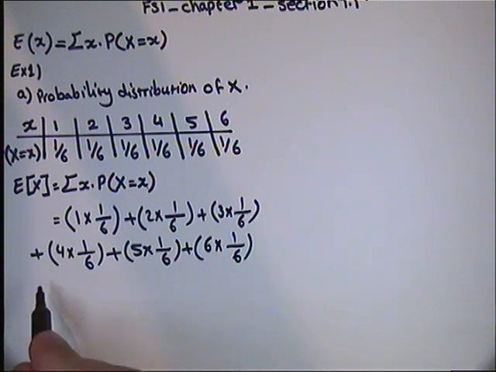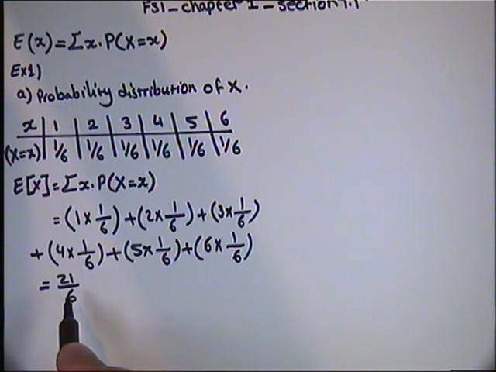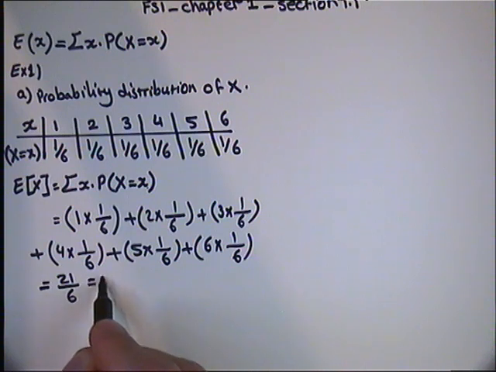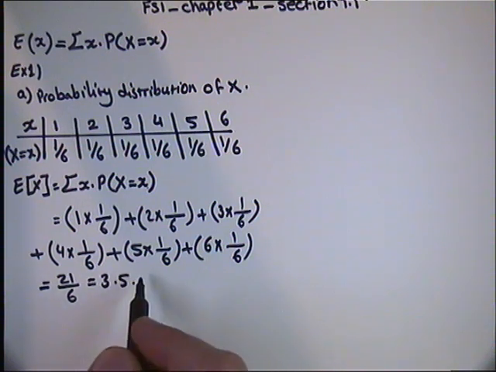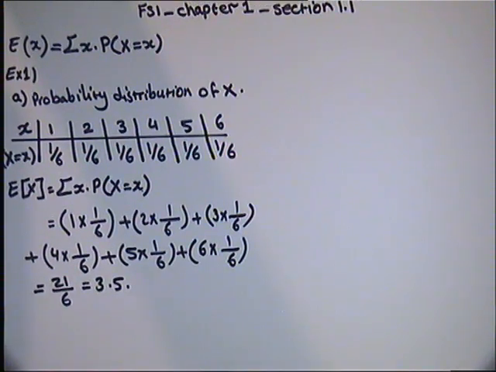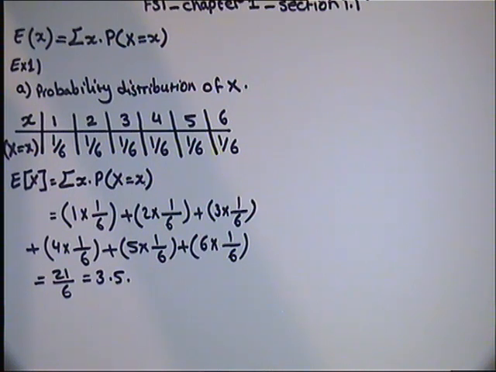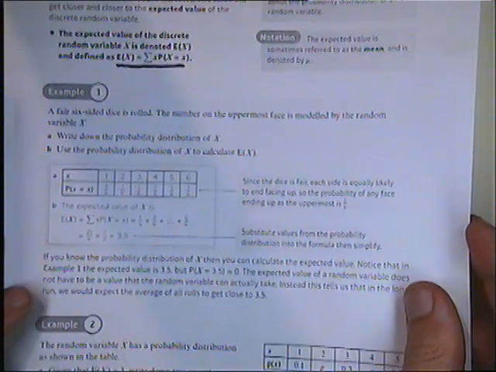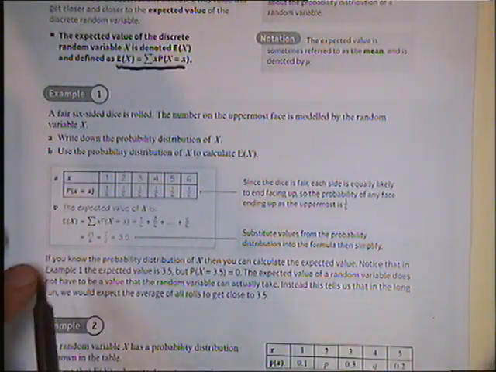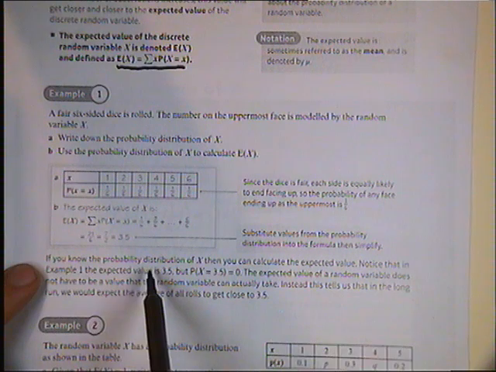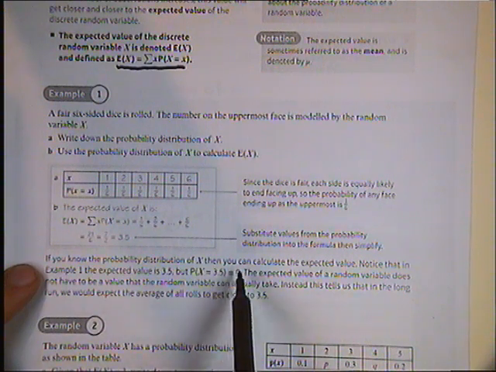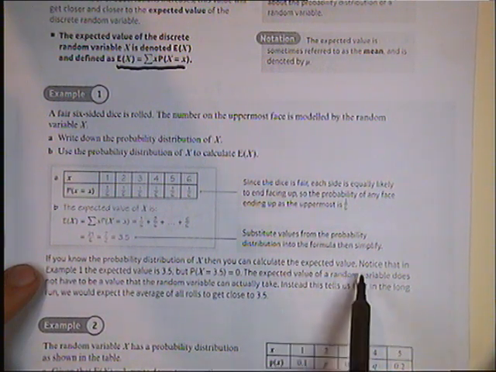Okay, so if we add them up, we get 21 over 6, which is 3.5. So let's go through the explanation of this. If you know the probability distribution of X, then you can calculate the expected value.